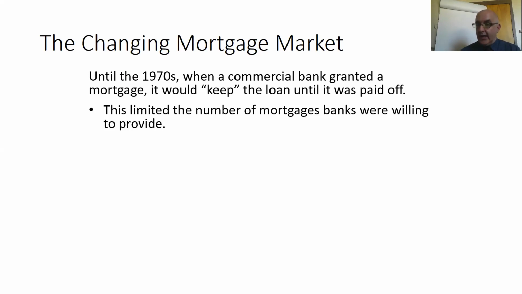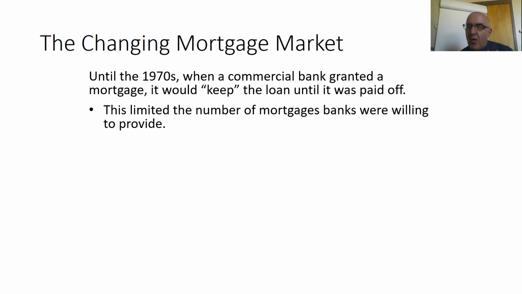So, again, we looked at this changing mortgage market. We looked at last week that in the past, a mortgage was just something where you borrowed some money off a bank and you paid it back. And because it was quite a long-term thing, a mortgage, there's only so many that a particular bank could give.